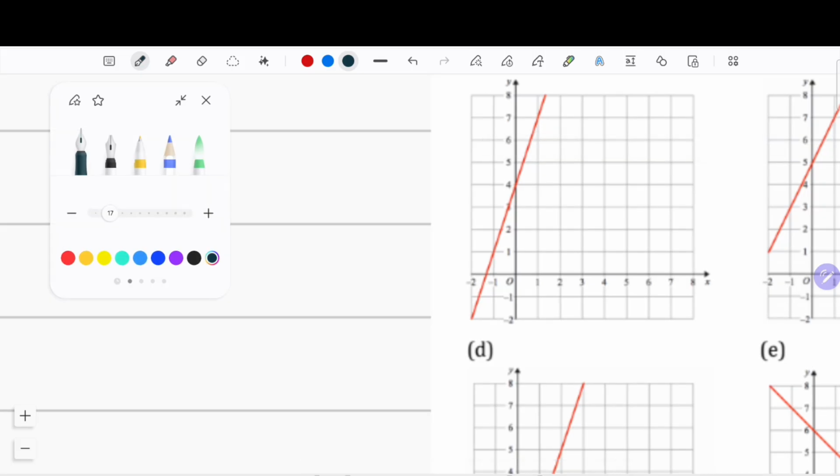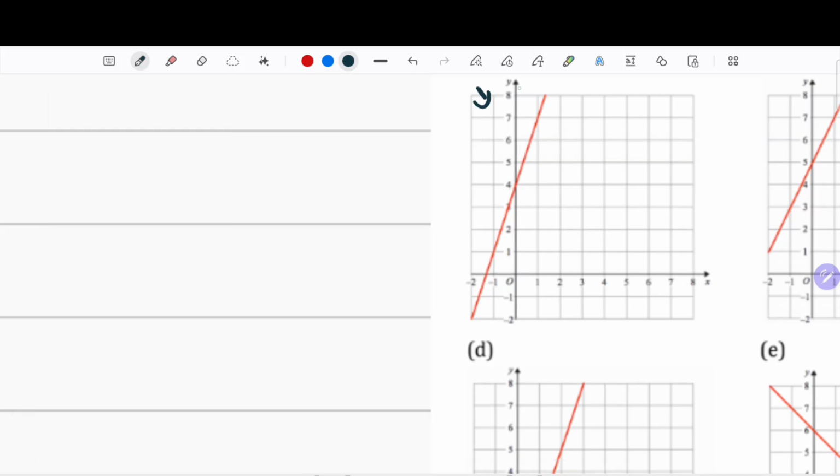That's the y right here. And this line crosses the y-axis at, what's that point? We start at the origin, go left or right 0, go up 4. That's the y-intercept. So in an equation, I only write plus 4.